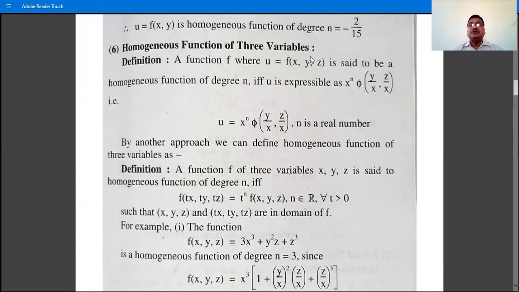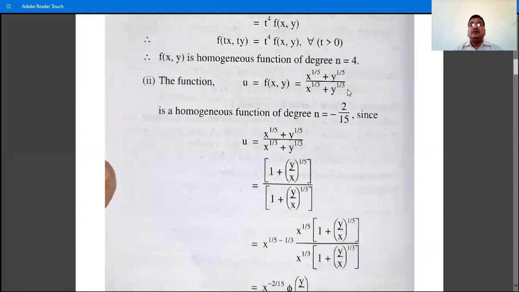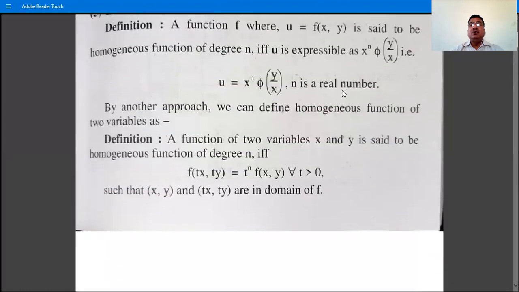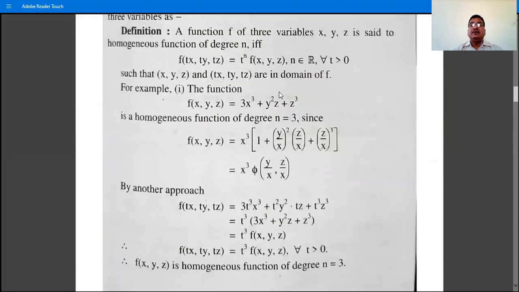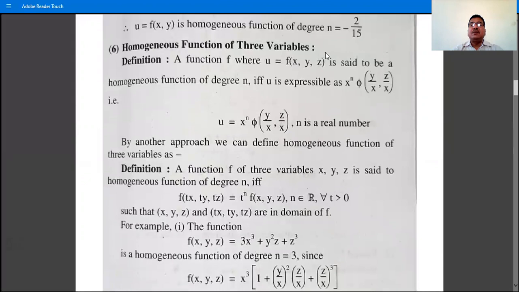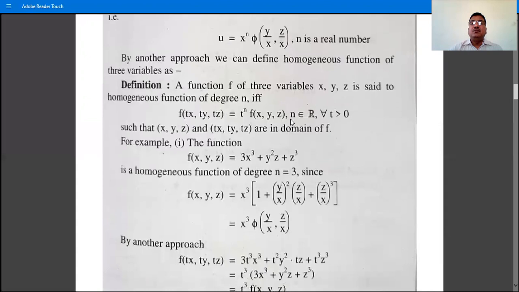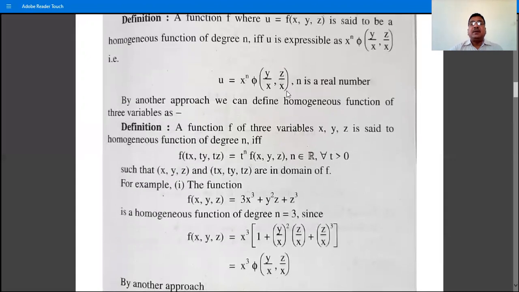So, homogeneous function of 3 variables. Same method. The definition for 2 variables is what? If u is expressed in the form x raised to n, function of y by x. In place of that, if f(x, y, z) is expressed in the form x raised to n, function of y by x, comma, z by x, then we say it is a homogeneous function of degree n in x, y, z.